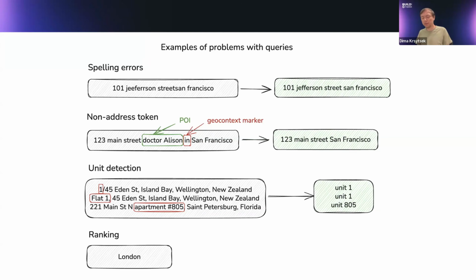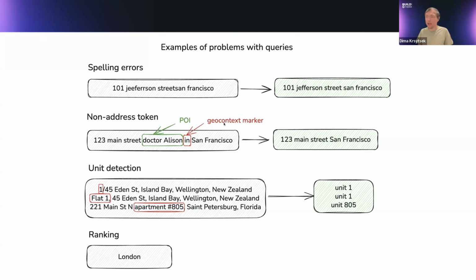Next problem is non-address tokens. For example, people can copy the address from other sites and then just paste it into a search, and the address can have extra information that does not really belong to an address. Like we see in this example, the address has POI information, like a Dr. Allison, and has a geo context marker, like "in San Francisco".